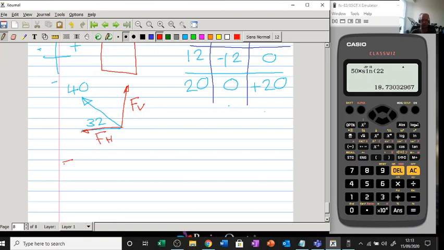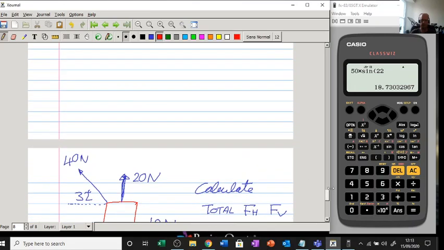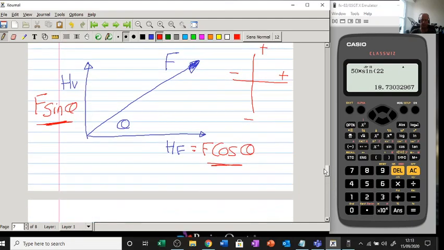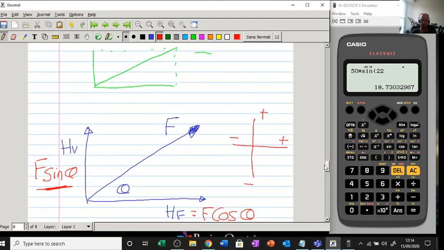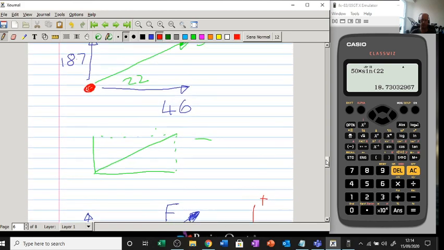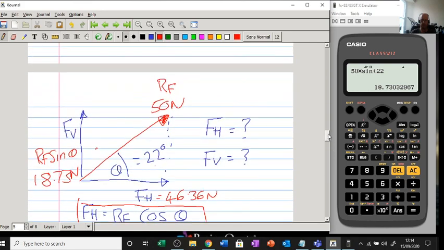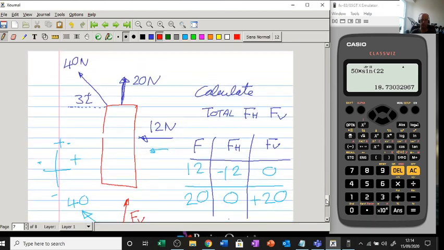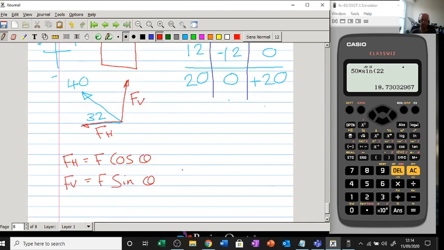Well, we know that FH is going to be F cos theta, and vertical is going to be F sine theta, because that's what we worked out up here. There, look. Right. F, we can call it the resultant force if you want to, but it's still a force. So F cos theta and F sine theta.